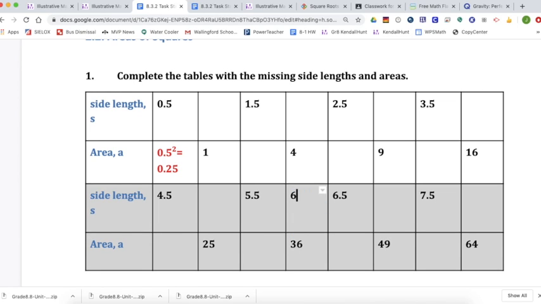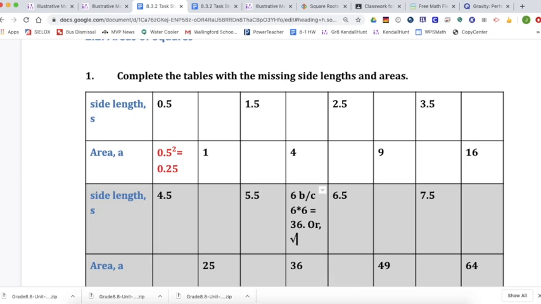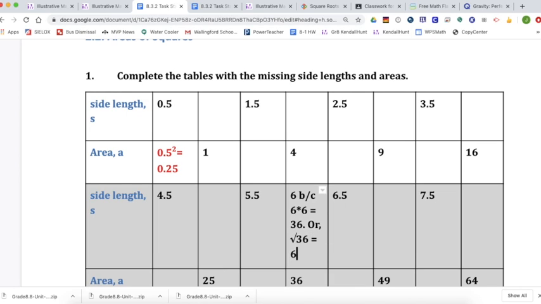Because 6 times 6 equals 36. Or you could say the square root of 36 equals 6. That's really how I'm going to find it, saying the square root of 36 equals 6.